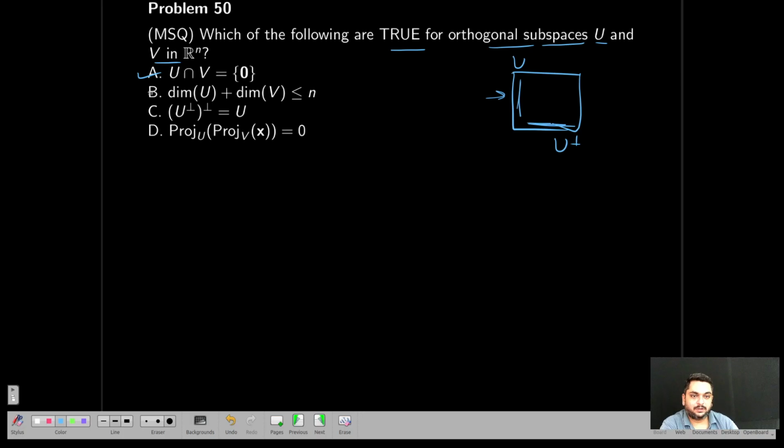That means the dimensions of both should sum to less than or equal to n. The orthogonal complement of the complement of U is U only. This is true. Projection of V onto U: V is this here, then the projection of this on this is at 90 degrees. So that is 0 only. I cannot get a projection here. So it is the same. This is also true.